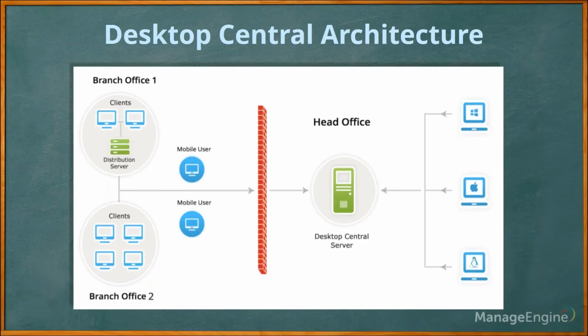As you could see here, we can use a distribution server, which is going to help us in a remote office where we have more than 10 machines managed. The distribution server is going to help us optimize the bandwidth in order to get all the transactions from the main server.